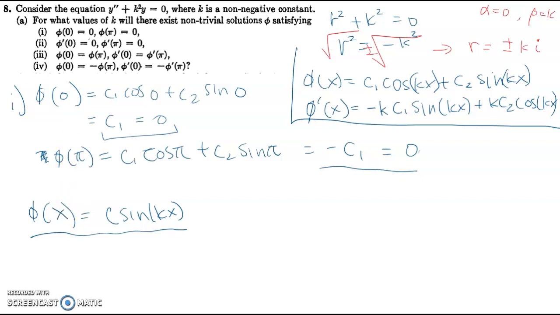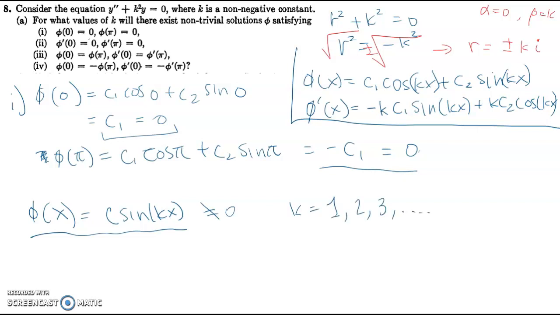They want us to find the values of k that will allow this to have a non-trivial solution. So we can't have this equaling 0 because that's going to give us a trivial solution. So our k value can be anything: 1, 2, 3, all the way up.